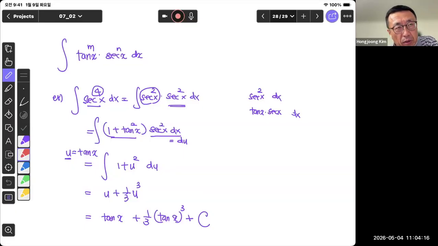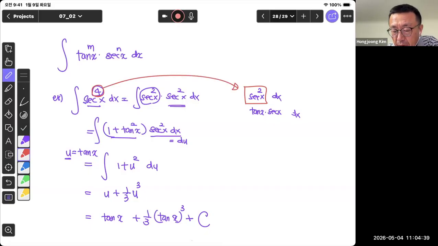But if we are lucky in the sense that one of two conditions is satisfied, say if the power of secant is greater than or equal to 4, and if it is an even number, then please save secant x squared.